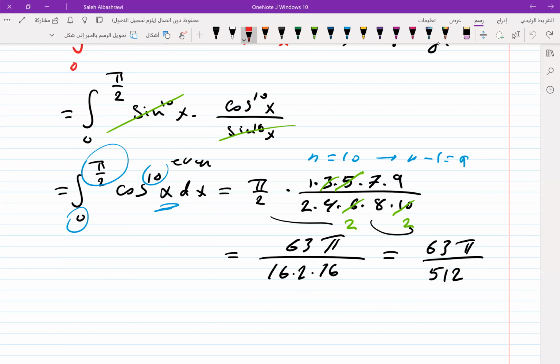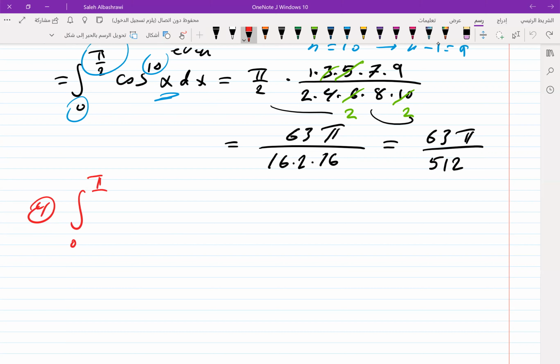Number 4. Find the integration from 0 to pi over 4 of sine to power 6 of 2x. Now for this example, the limits are not 0 and pi over 2. This is pi over 4. But I don't have x, it is 2x.